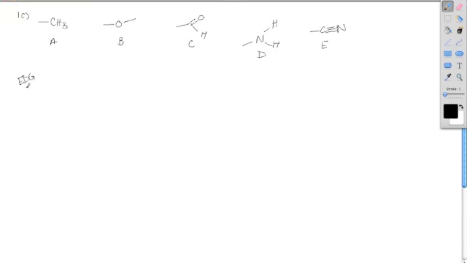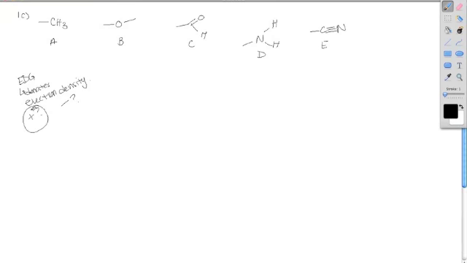Electron donating group, or you could call them EDG, donates electron density. And in what situations would this be beneficial? Would it be more beneficial if you have a positive charge, or a negative charge? Well, think about it for a moment.